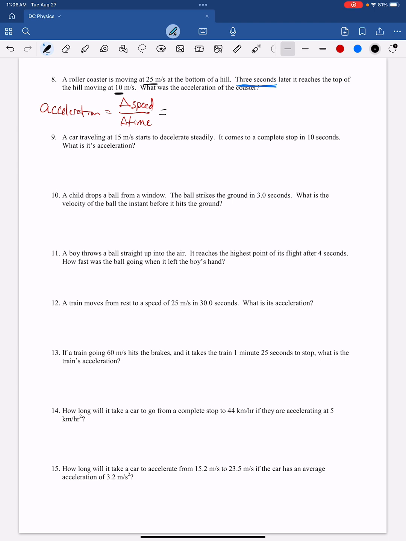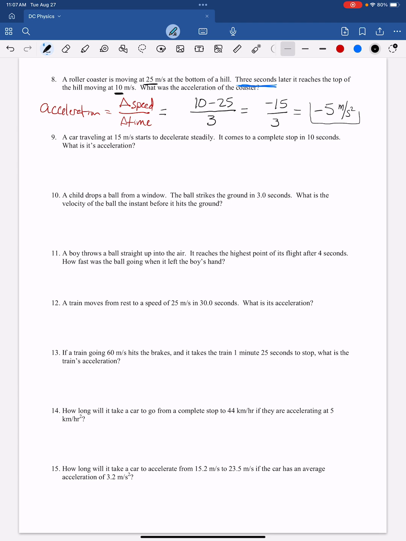I'm going to take my final speed minus my initial speed, and divide that by the amount of time that it took, which was 3. If I simplify this down, that's negative 15 at the top divided by 3. And so I'm going to wind up with an acceleration of negative 5, and that's in meters per second squared, because I'm talking about acceleration, so it's going to be per second squared.